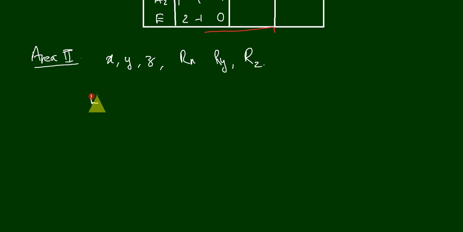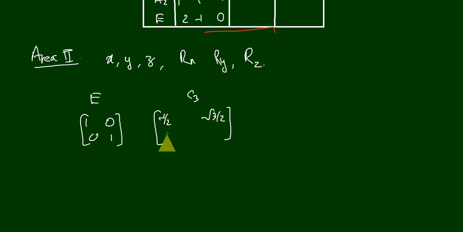For E, we have the matrix 1 0 and 0 1. Okay, and corresponding to C3, we have the matrix minus half, then minus root 3 by 2, then root 3 by 2, and minus half.